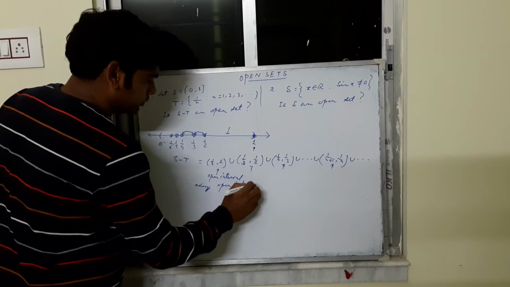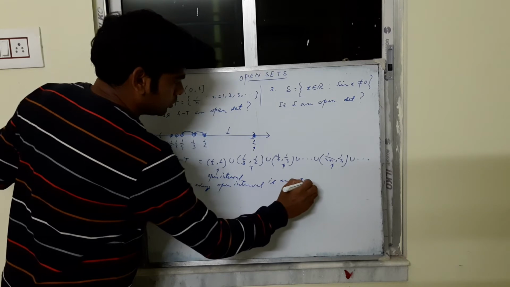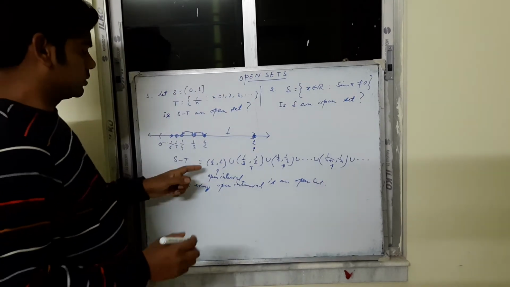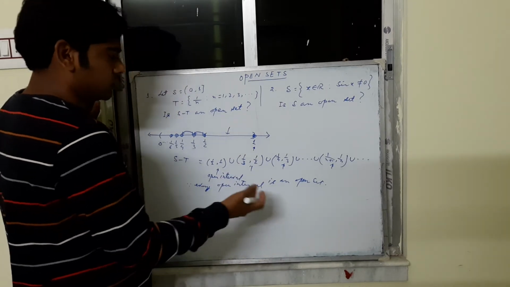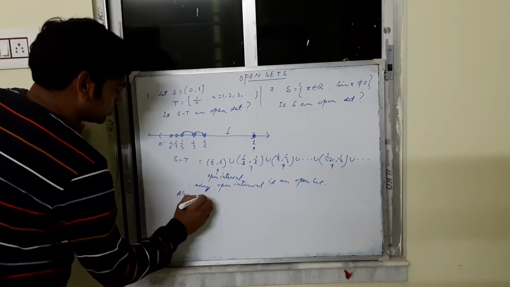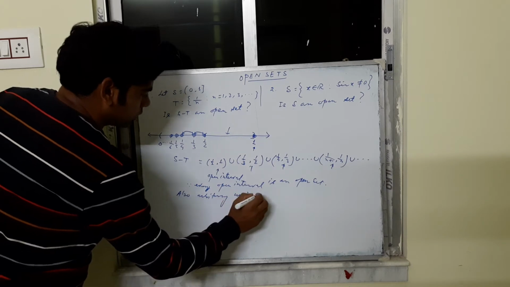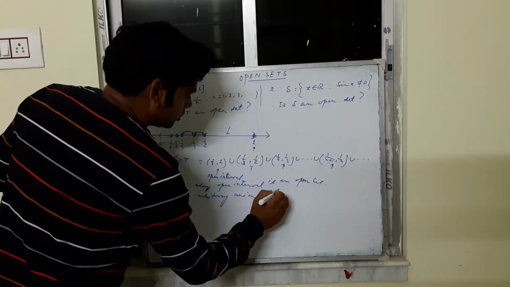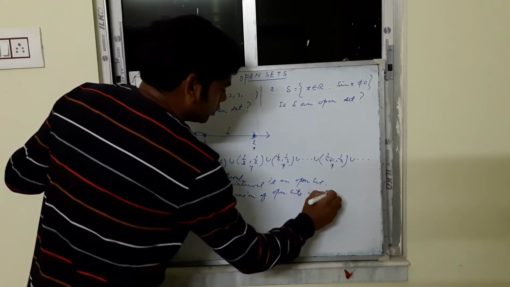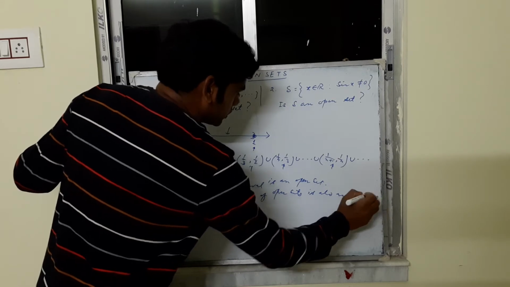And also we know that arbitrary union of open sets is also an open set.